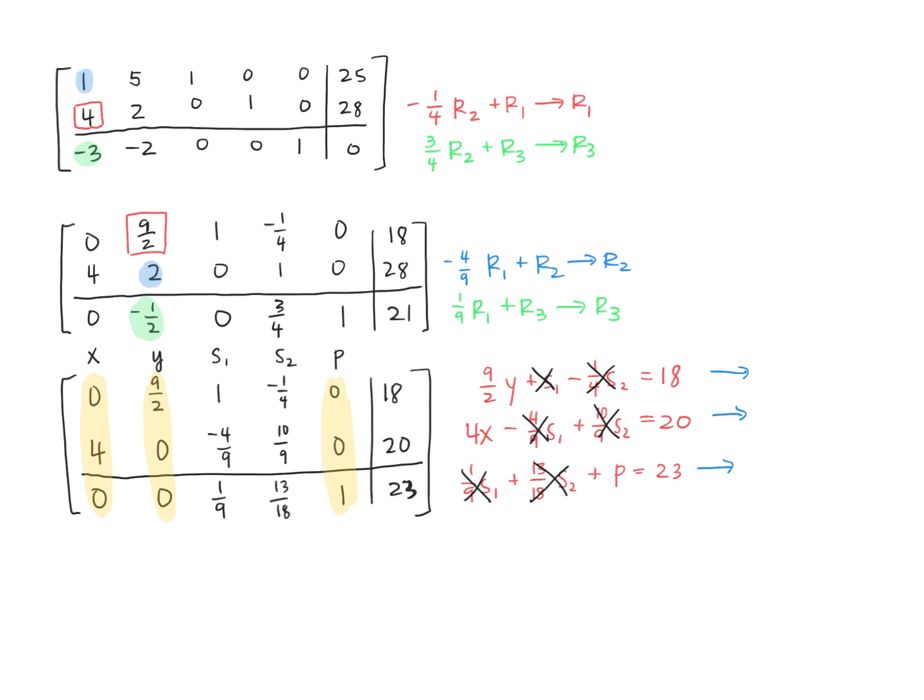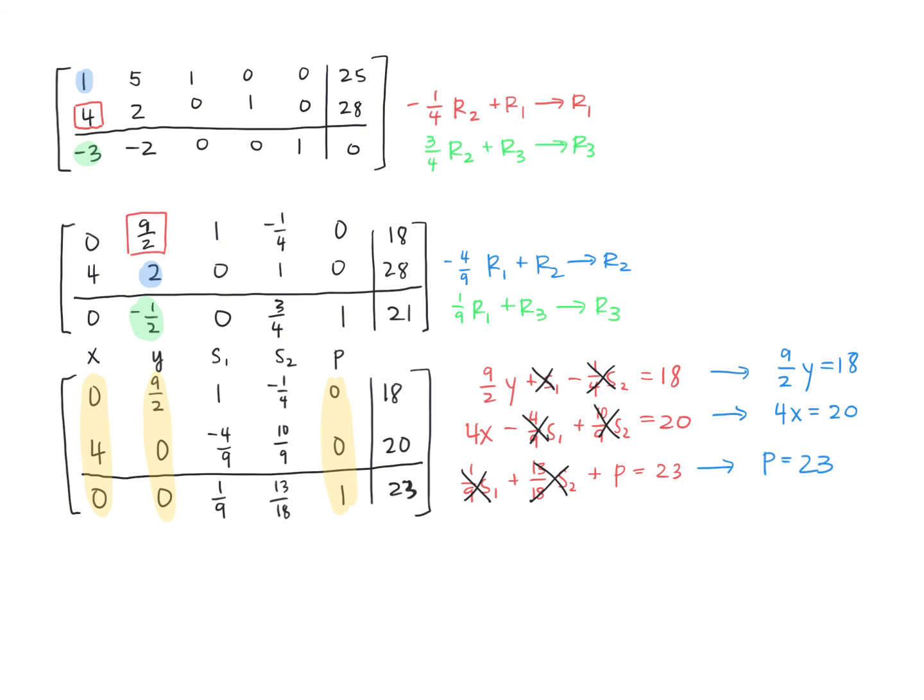The first equation we get is 9/2 y is equal to 18. We can solve that easily, right? Our next equation is 4x equals 20. Well, that's even easier to solve. Our final equation gives us p equals 23. So from here, we can see that p is 23.